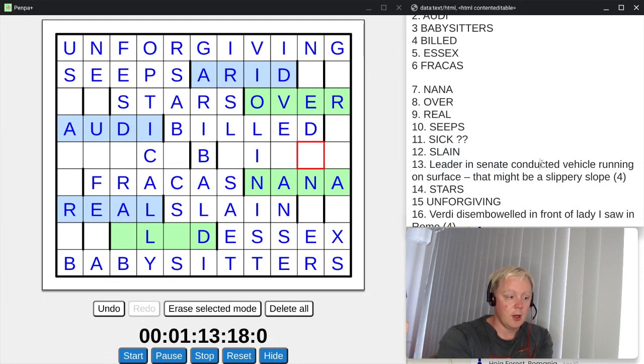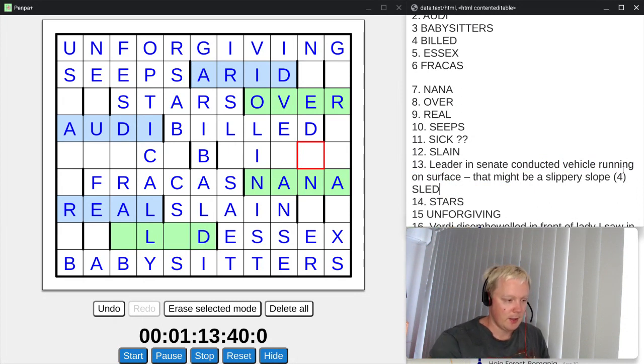S, conducted. So if you conducted something, you led it. Conducted an investigation, led an investigation, for example. So S plus led gives us sled, and that is a vehicle running on a surface that might be a slippery slope, literally. So sled is the answer.